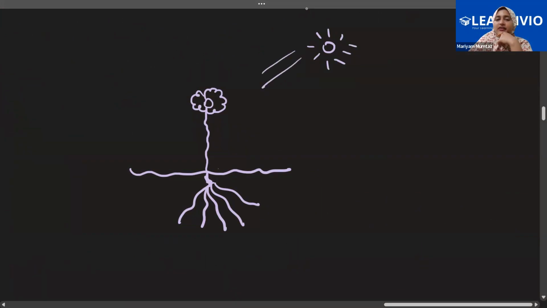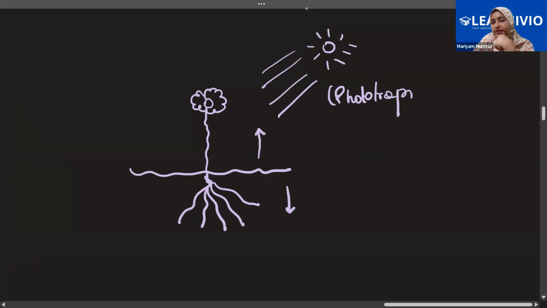So, when the sun rays fall on the plant, the stem moves upwards and the root moves downwards. Right. So the stimulus sun is known as photo, and we are talking about tropic movements. This will be known as phototropism, isn't it?